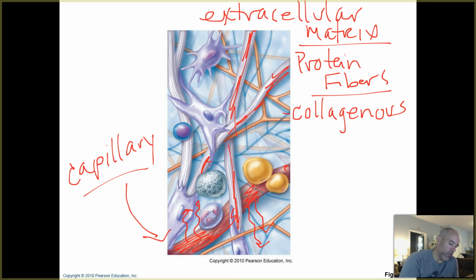In yellow or orange, like right there, the orange ones are elastic fibers. And the blue ones you see on there that are kind of webby and forming a network, those are called reticular fibers.